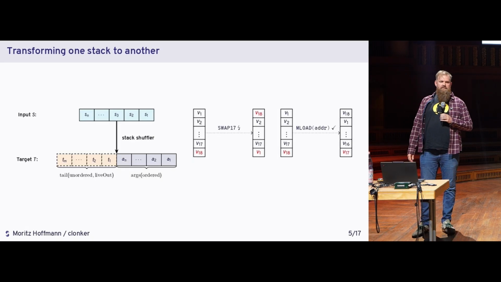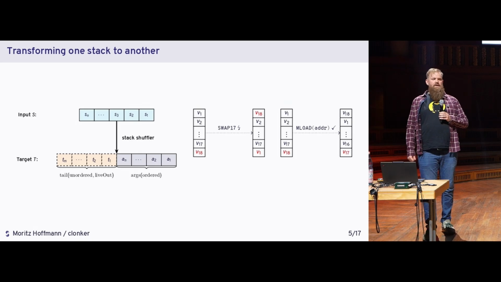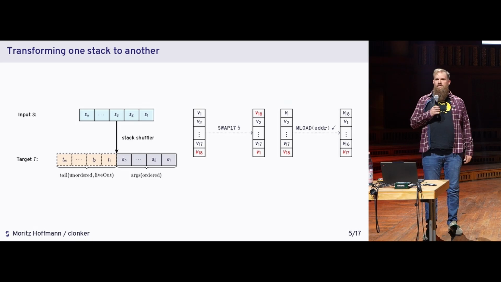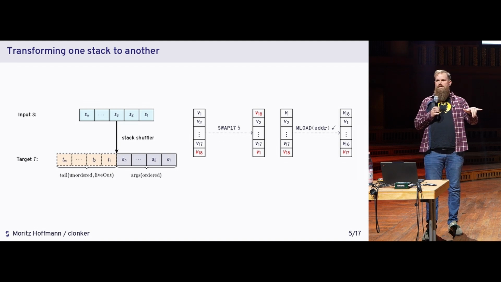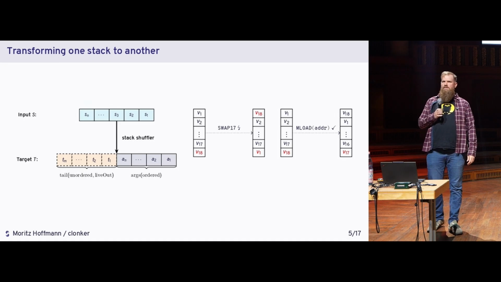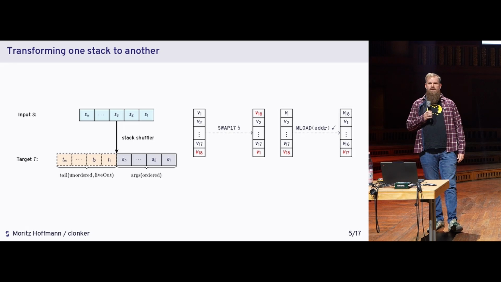So now, in order to achieve all this, we have a component that we call the stack shuffler, which takes a specific input stack, which is this symbolic representation of stack, and then we want to achieve a target stack, which has an ordered stack top, which is precisely the arguments that the next operation is going to need.